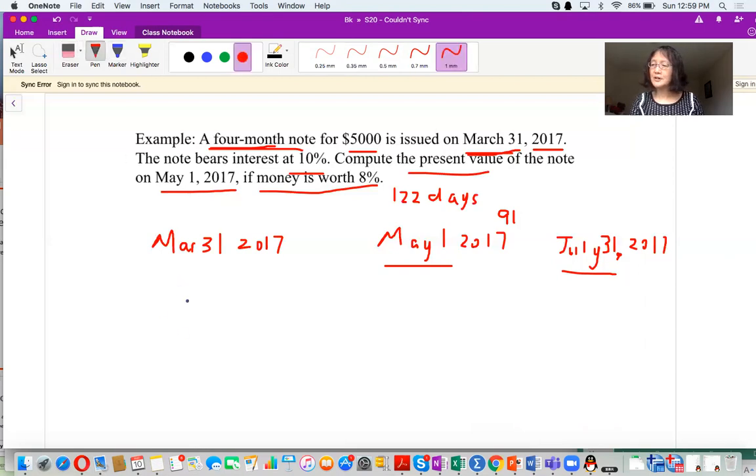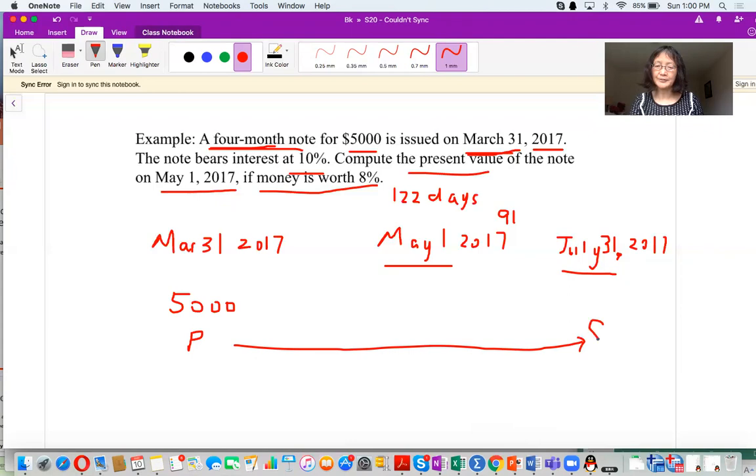On March 31st, you have $5,000. This is my P. And what is the future value on July 31st? That is my S. So I can calculate this one.